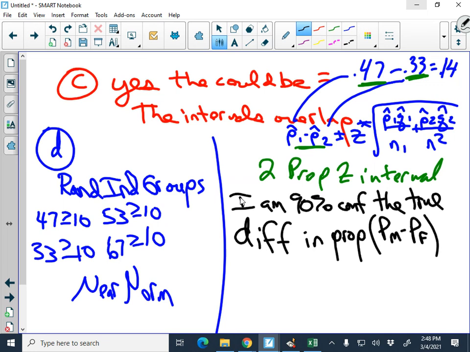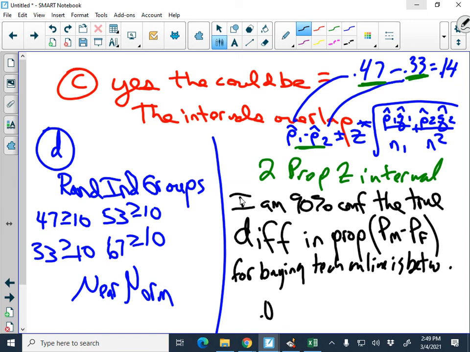I give the order. But it's the difference in proportions. We're subtracting those. The true difference in proportions for buying tech online is between 0.027 and 0.25. It's between 3% and 25%.